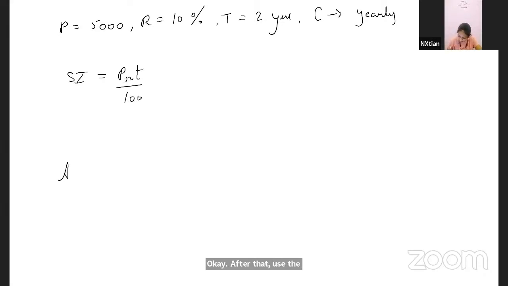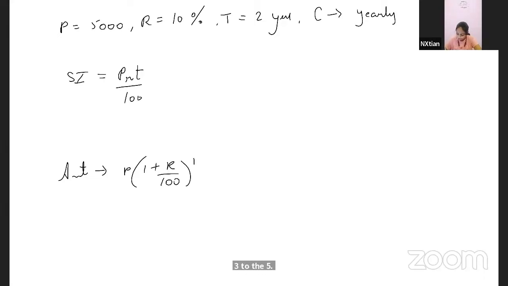First the amount: P into (1 plus R by 100) raised to the power N. Ma'am, for compound interest you have to do minus 1, right? Yes, minus. And then CI equals amount minus P.